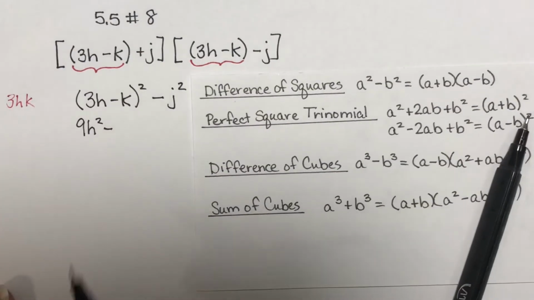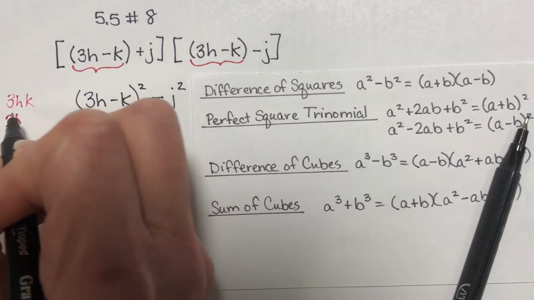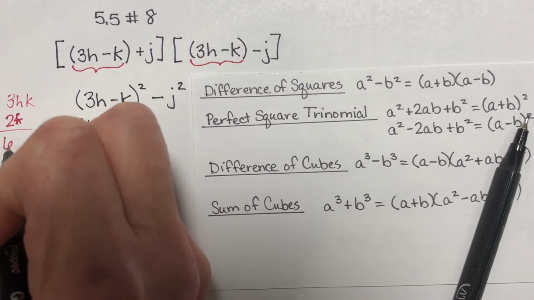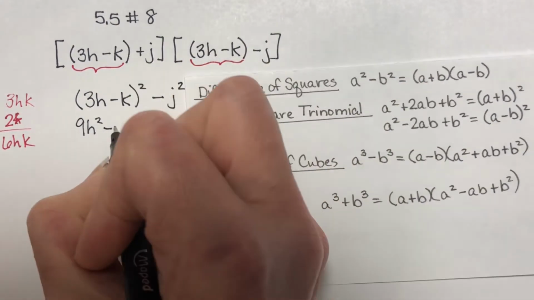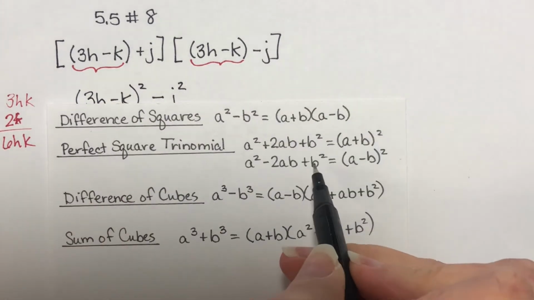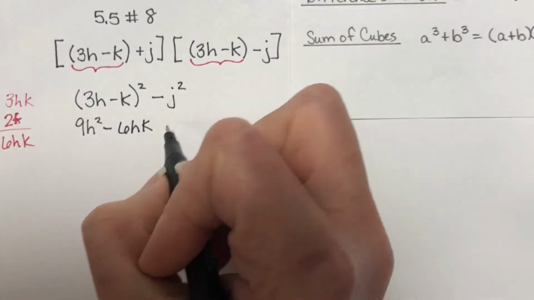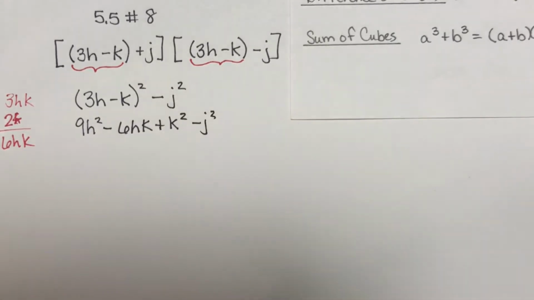You don't have to worry about the sign because it's already taken care of. And then you double it to get times 2, which is 6hk. So this is going to be minus 6hk, and then it's always plus the last term squared. So plus k squared, and then you have the minus j squared.